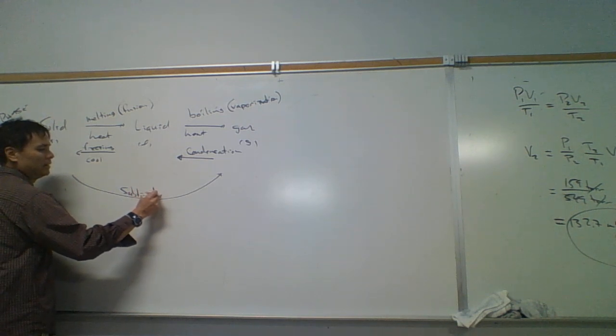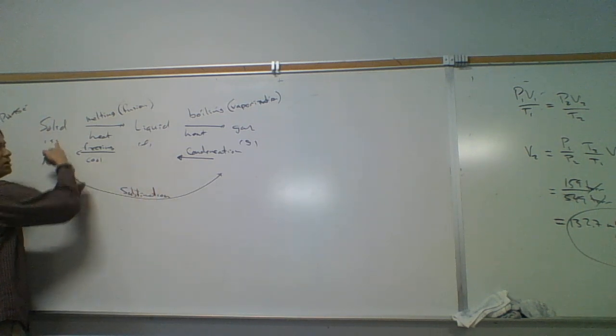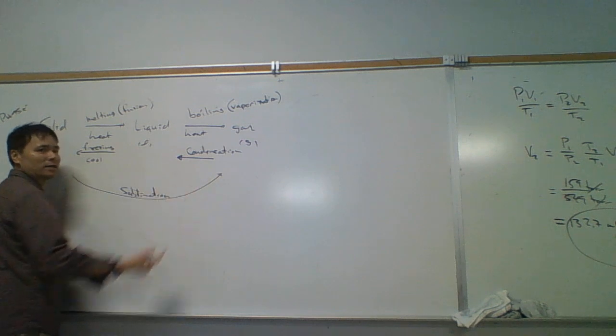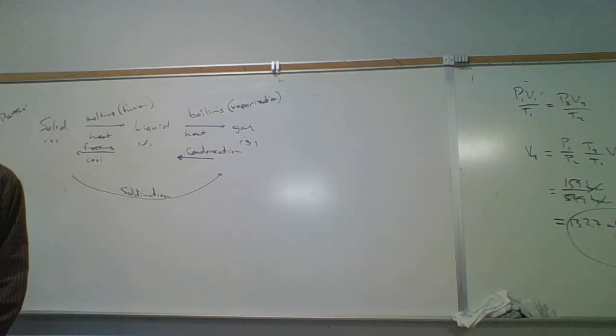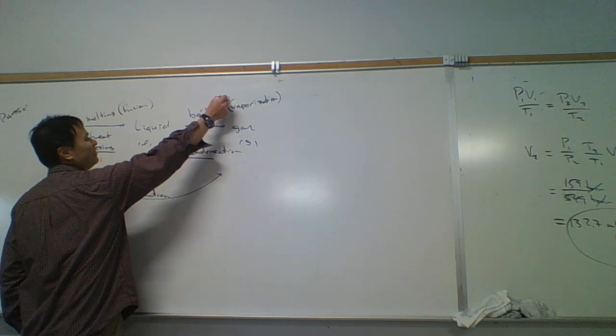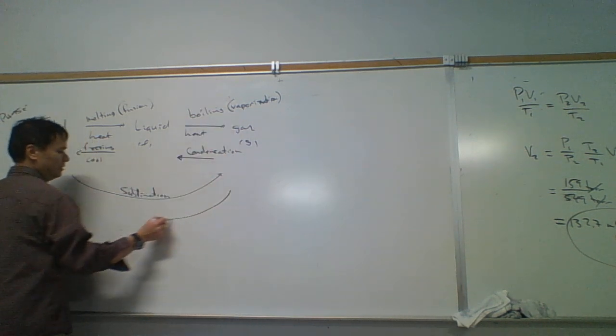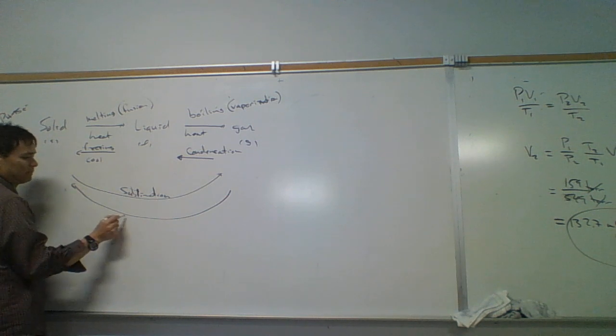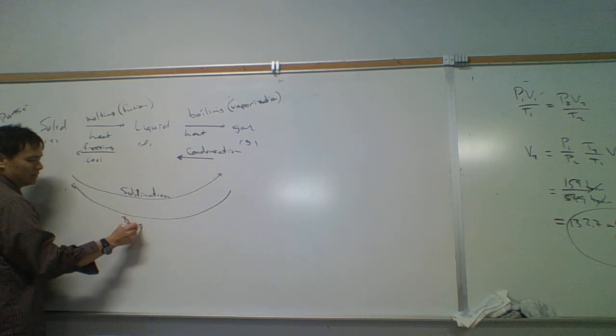Sublimation is going from a solid directly to the gas. So dry ice sublimes. It doesn't melt and it doesn't boil under normal conditions. And the reverse process of this is called deposition. It starts with a D.